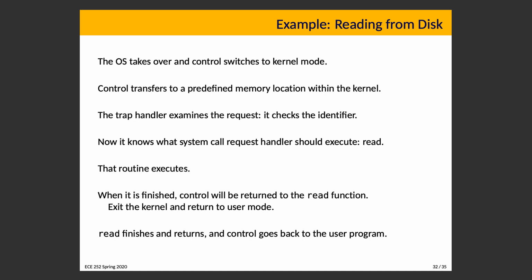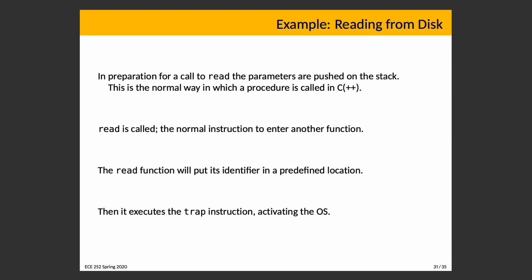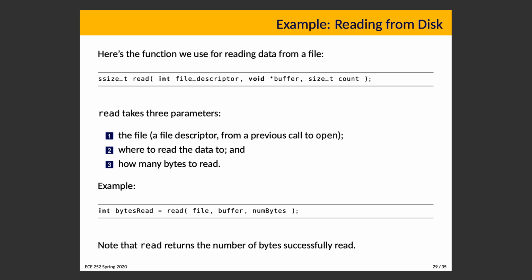So okay, that is an example of a system call. This is a blocking system call, and that means that we wait for the result. When we issue the read command in our program, we're willing to wait until it's done before we can continue.